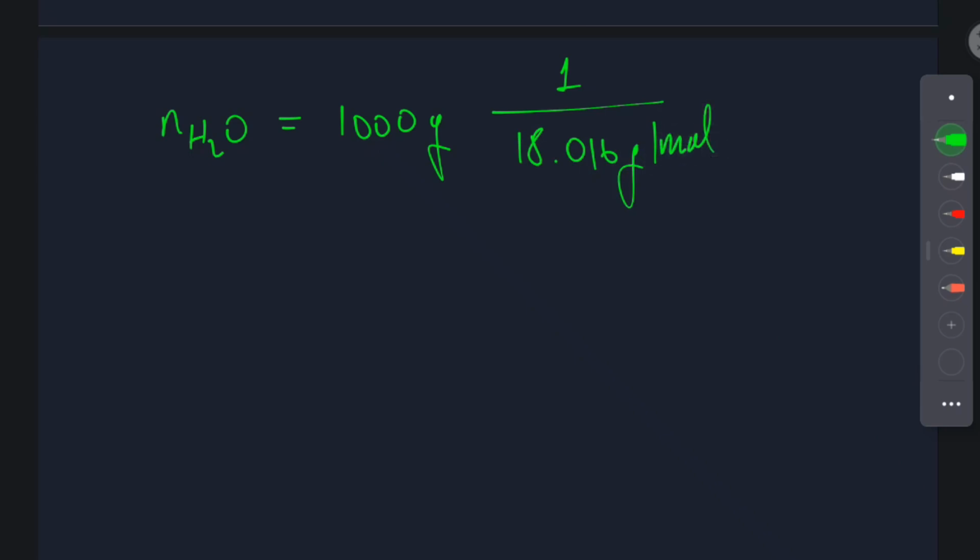So I want to calculate the number of moles in 1 liter of water. We have 1000 gram of water, and the molar mass is approximately 18, but we can write 18.016 gram per mole. Right? And mole comes here since it is 1 over mole.